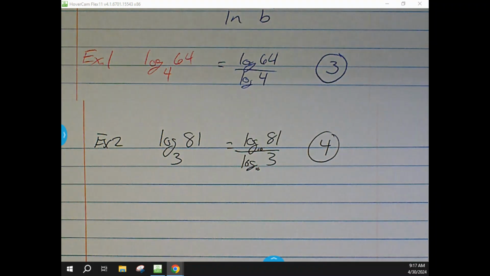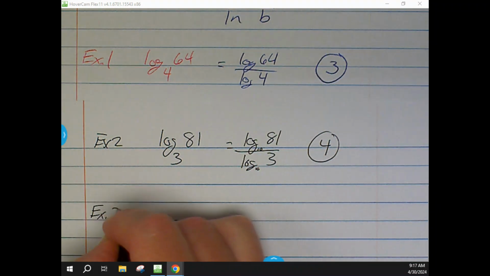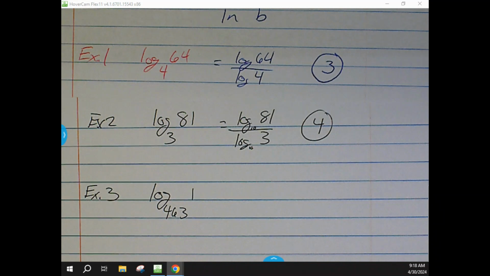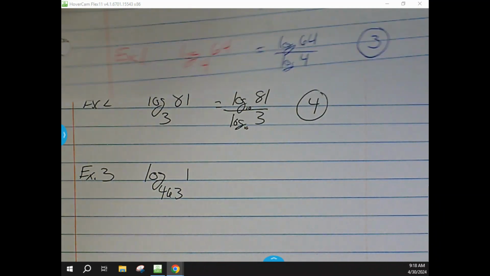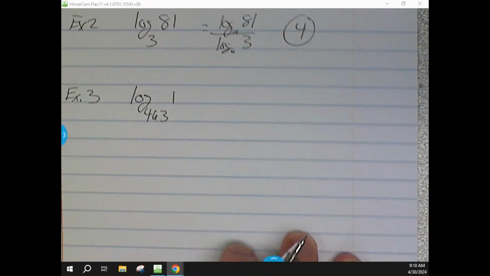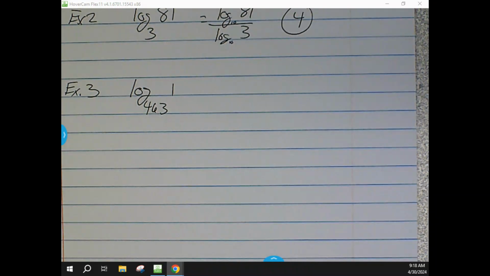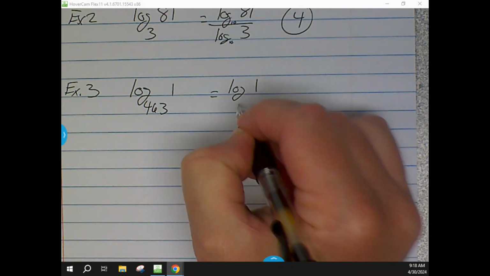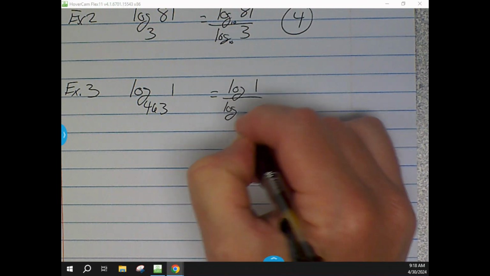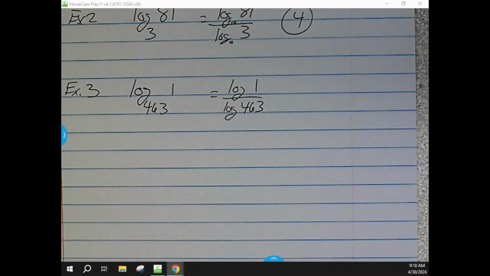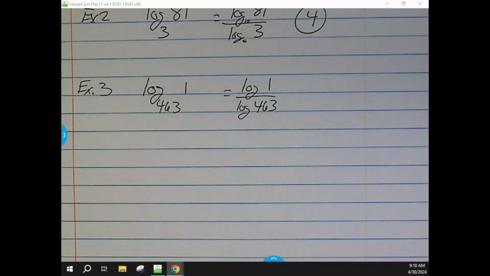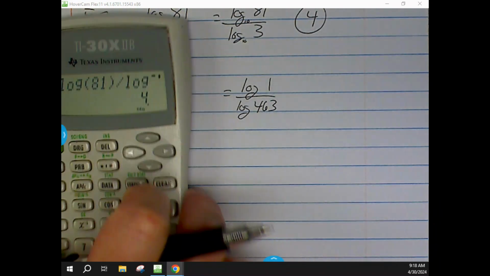So even if we go back to the other one that was back here, where 463 was the base and 1 was the number, so log of 1 base 463, technically it's the log of 1 divided by the log of 463. And hopefully, if you ever see log of 1, you get to the point where you don't need your calculator.